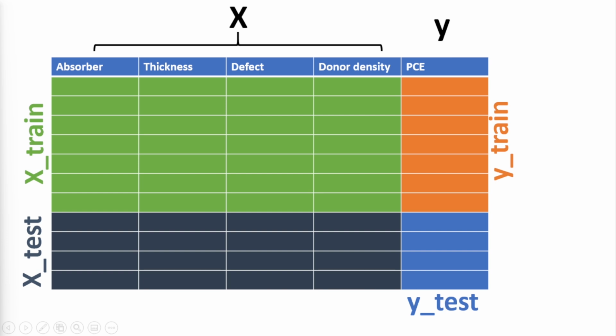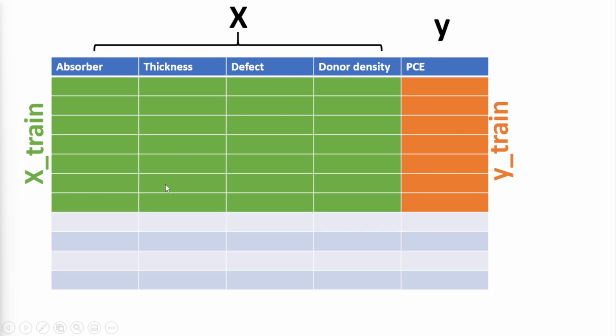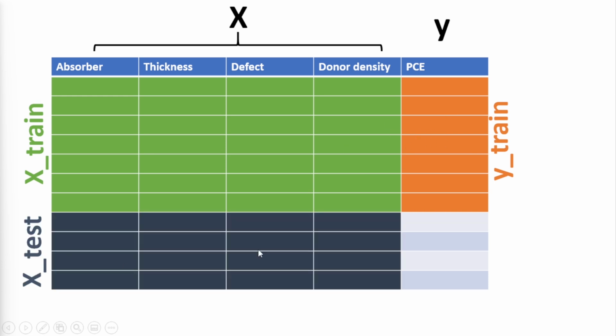Now, after training the model with these X train and Y train, the model will try to relate the input features with the output features and try to find a pattern between them. And then we will give the model the X test, and we will hide that Y test from the model.